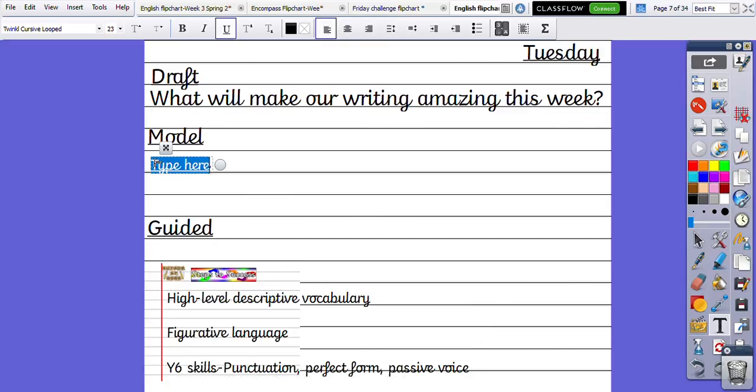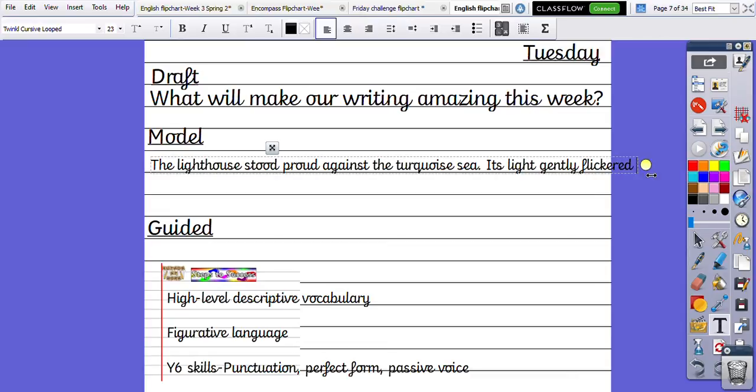My example today is: the lighthouse stood proud against the turquoise sea. Its light gently flickered across, just checking my spelling here, the calm surface.